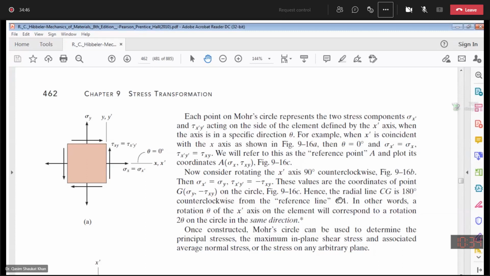Now this is an interesting point: on the element you have rotated the element by 90 degrees. However, on the Mohr circle, the difference between point A and point G is 180 degrees. Let me show you on the circle.